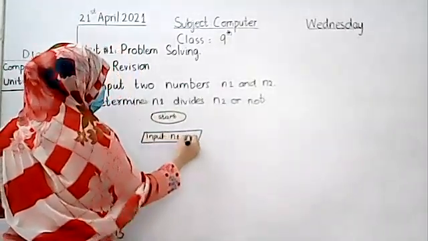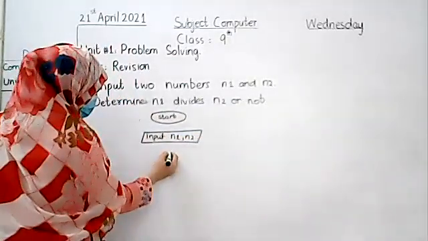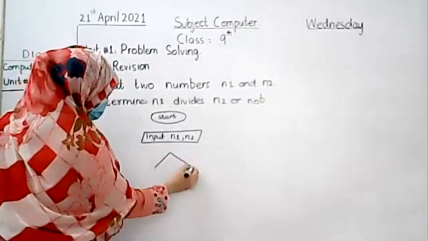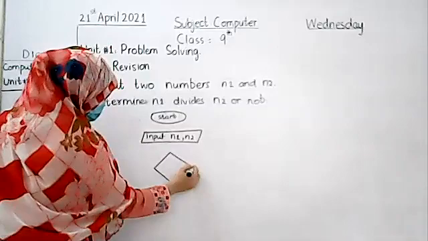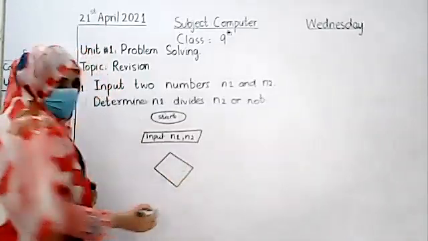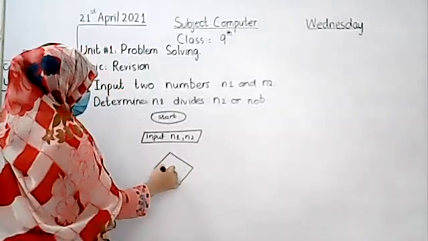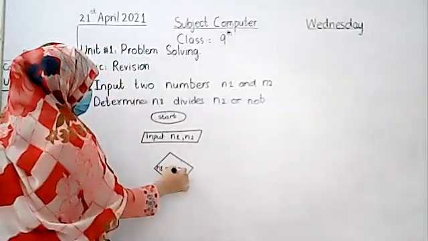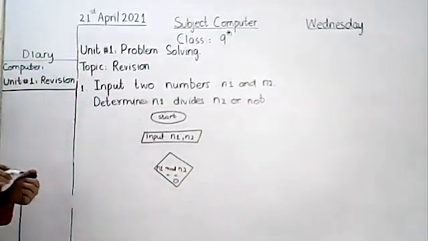Now we will go for a decision: n1 mod n2 is equal to 0. This will be the condition.